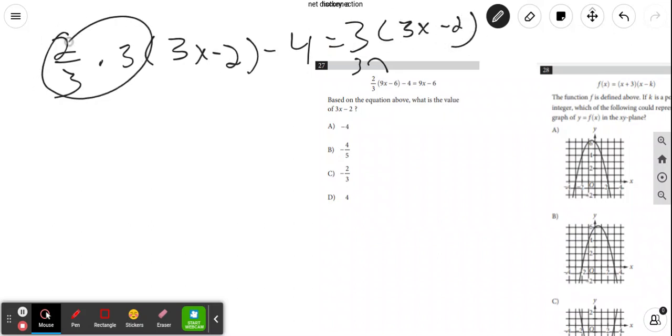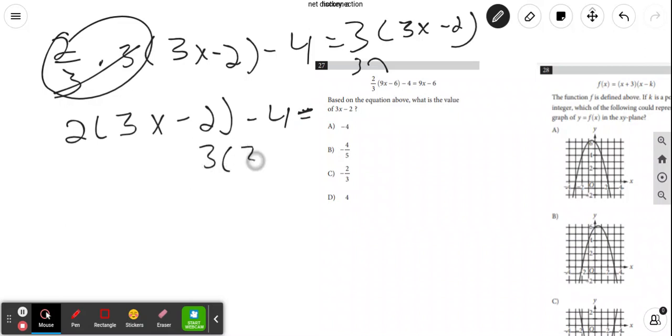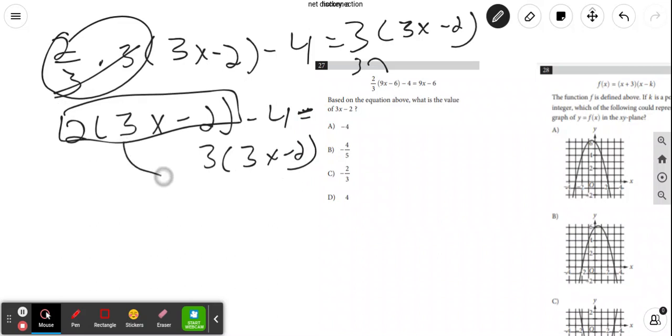Okay, this is just 2 because these cancel. You get 2(3x minus 2) minus 4 equals 3(3x minus 2). You can subtract this and get it over to this side.